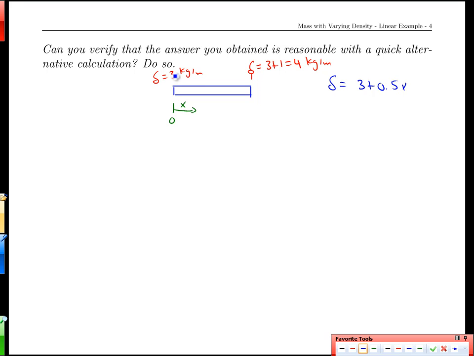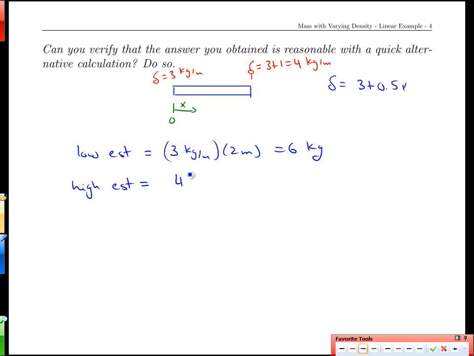So what could we do to get an estimate if we hadn't done integrals? How could we estimate the mass of this bar? Well, we could have said a low-end estimate would be to take the lowest possible density and use it all the way through. And then we can just multiply if we know that we're approximating. It would be 3 kilograms per meter times the 2 meters, or 6 kilograms. And a high estimate would be to use the highest possible density.